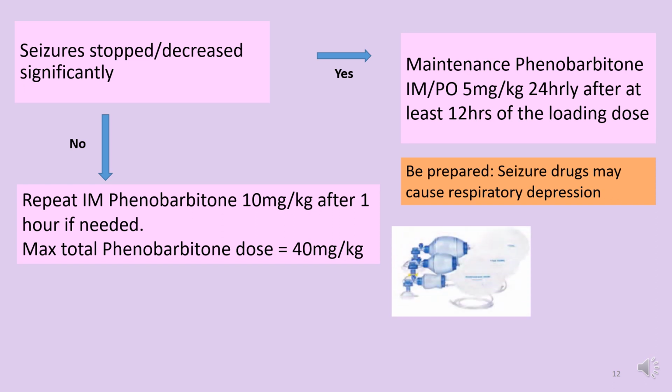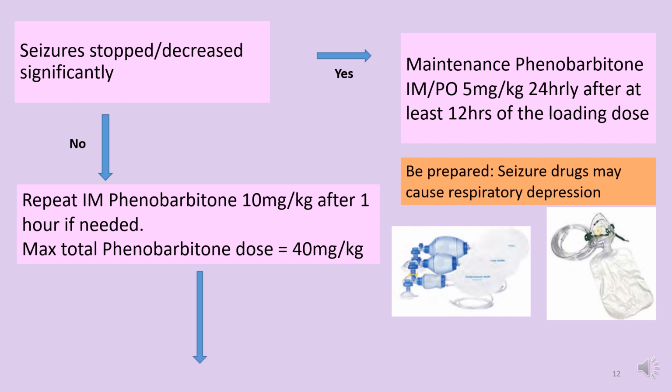And so you must always be prepared with your bag and mask and also better means of supplying oxygen should the need arise. So, after you have given your second dose of phenobarbital, you will need to reassess this neonate again after 1 hour. And then you're going to be making new decisions based on whether or not the seizure has stopped.